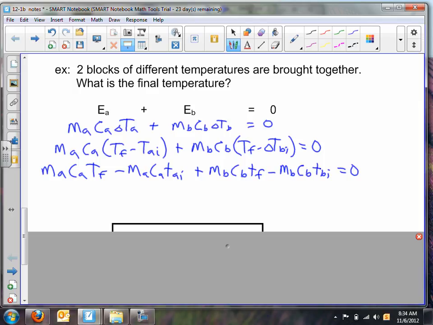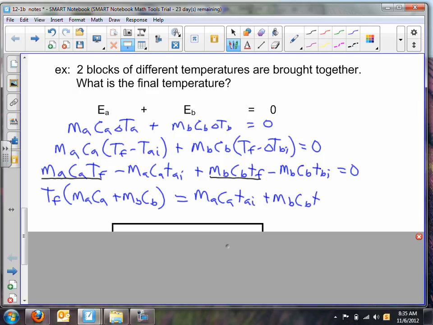Collecting like terms, in this case the like terms are the ones that have my final temperatures in them. I'm going to put those together, so here I have TF times MACA plus MBCB, equaling, and I'm going to move the other term to the other side, MACATA initial plus MBCBTB initial.